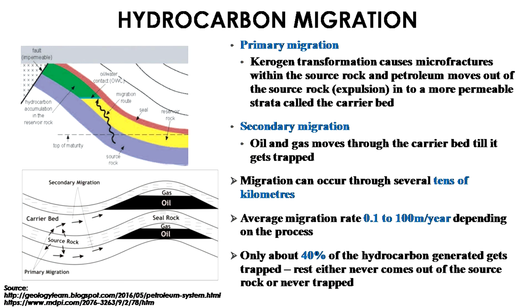So, imagine a source rock and a reservoir rock combination which are about 100 kilometers apart and a large volume of oil or gas is generated, how slow that process will be to transfer the oil or gas that is generated in the kitchen to the reservoir rock. So, it is a very slow process. Also, an interesting fact here is that only 40% of the hydrocarbon that is generated actually gets trapped. What happens to the others? They either never come out of the source rock or they never get trapped and get exposed and leak out on the surface of the earth.